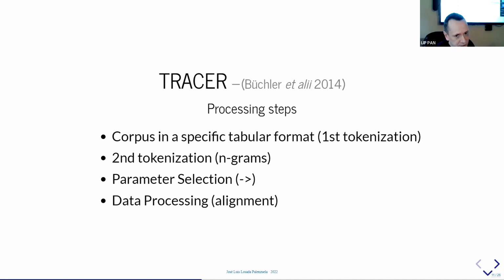The second tokenization is that you decide what kind of n-grams you use, bigrams, trigrams, and so on. And the third one is this broad parameter feature selection. I'll say more about that now. And at last, there's some data processing, the alignment of the different parallel texts.